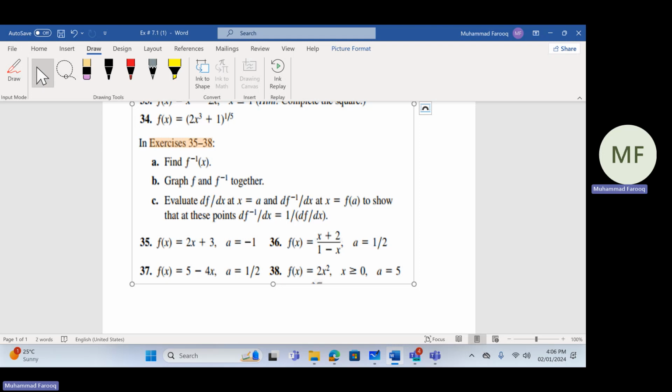When you perform these two calculations, there is a property, a rule.